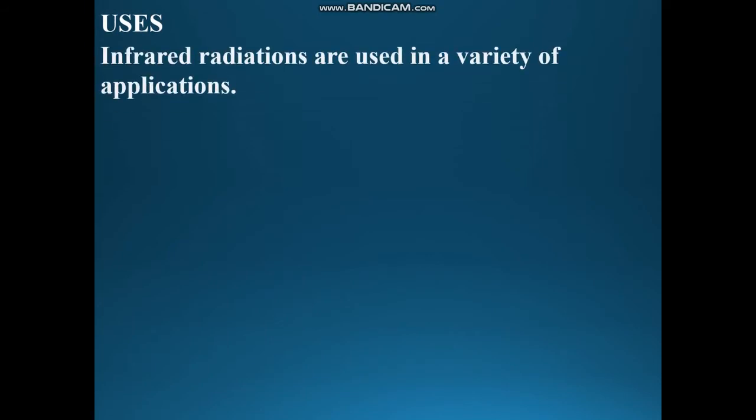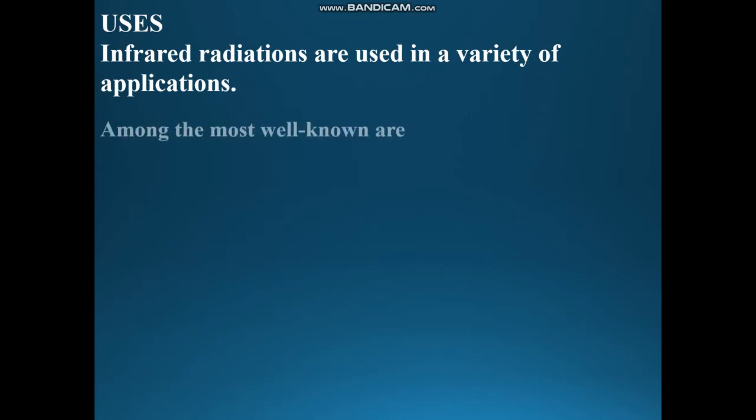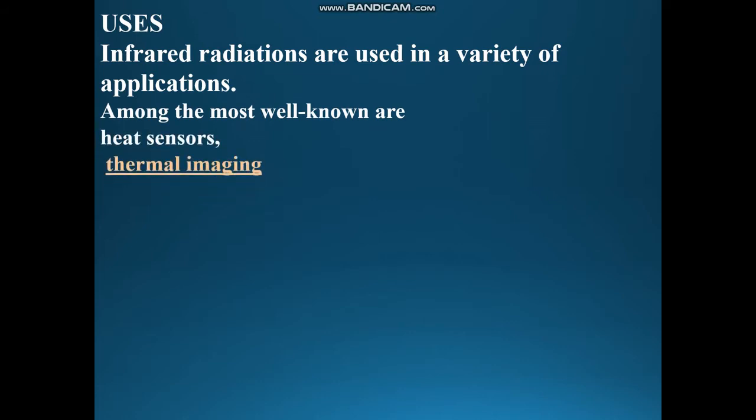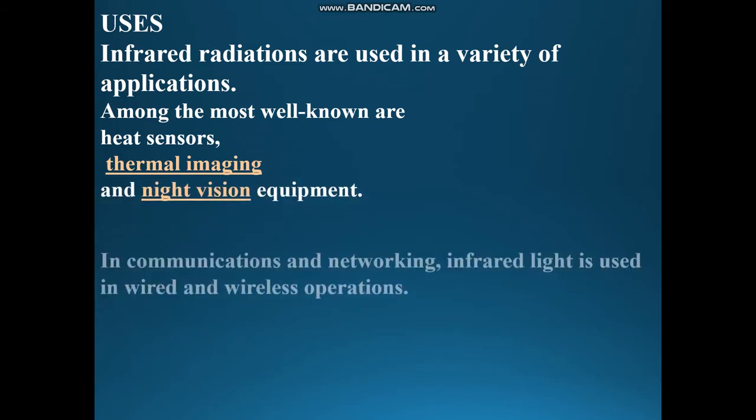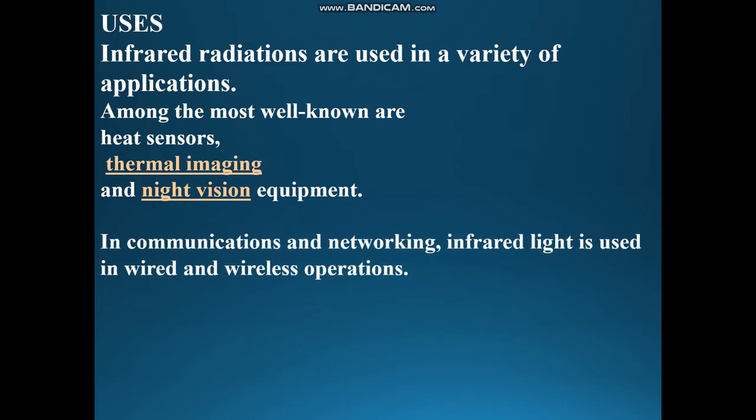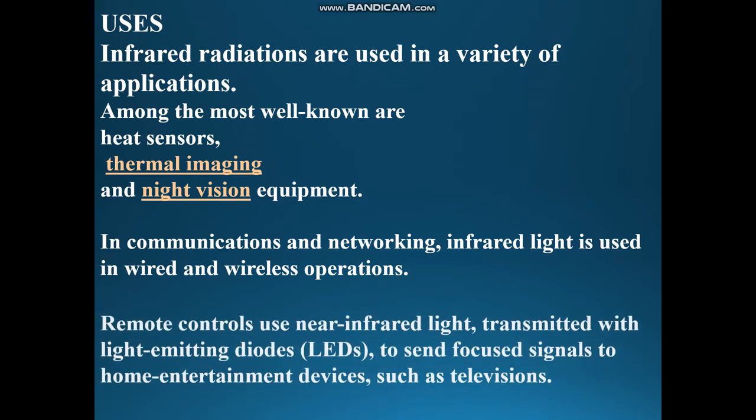Now, what are the uses of infrared radiations? Infrared radiations are used in a variety of applications. Among the most well-known are heat sensors, thermal imaging, night vision equipment. In communications and networking, infrared light is used in wired and wireless operations.